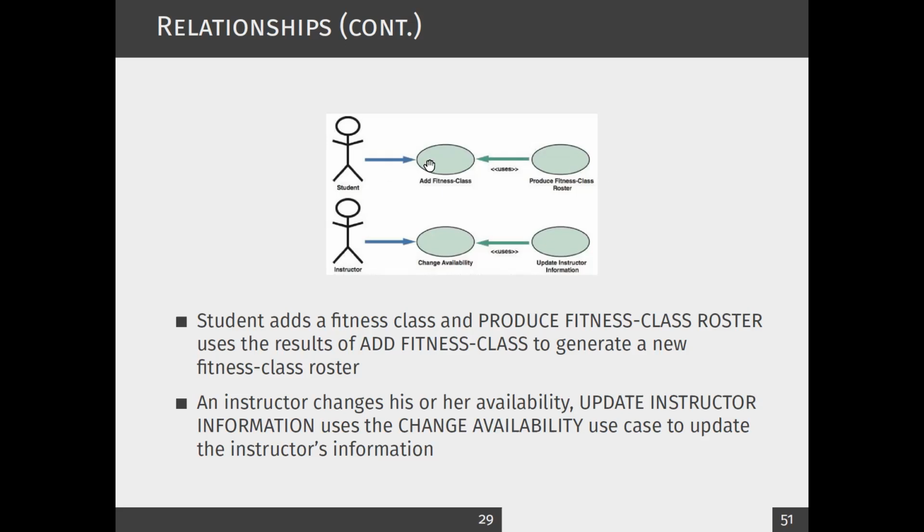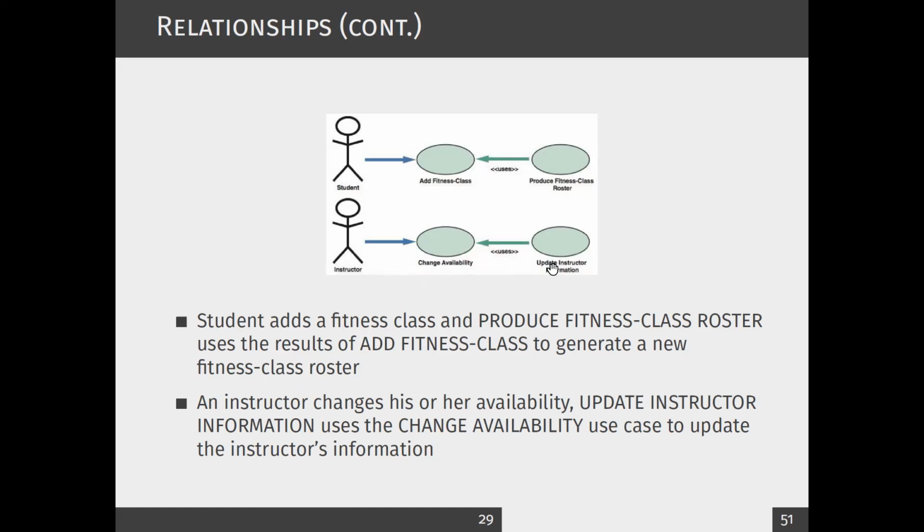We say a user's add fitness class use case. So we can say student adds a fitness class and produce fitness class roster uses the results of add fitness class to generate a new fitness class roster. So this actually uses this to create a new fitness class roster.